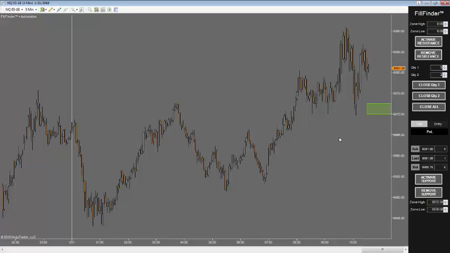And what this will demonstrate is, rather than just getting in long because it's arrived at a location where you think, hey, this is likely to be support, this will demonstrate the difference between just taking it whenever it gets there versus taking it based on the order flow confirmation that FillFinder provides. And then it'll also show just how the functionality works. Once the trade fills, it'll demonstrate the risk and profit taking functionality of FillFinder as well.